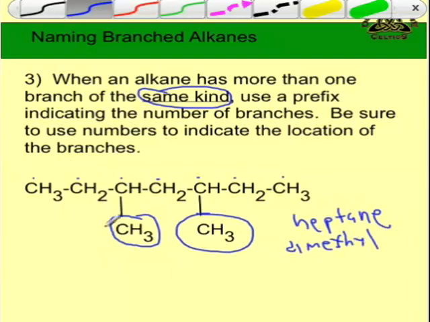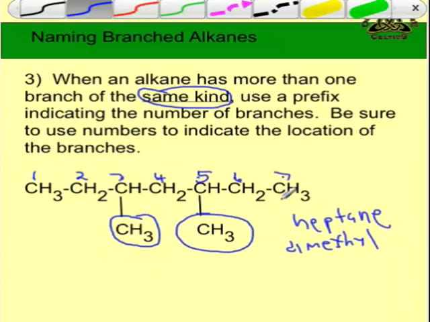And we need to find out the position of these methyl groups on our root by numbering our carbons. So if we number from left to right, this is 1, 2, 3, 4, 5, 6, 7.